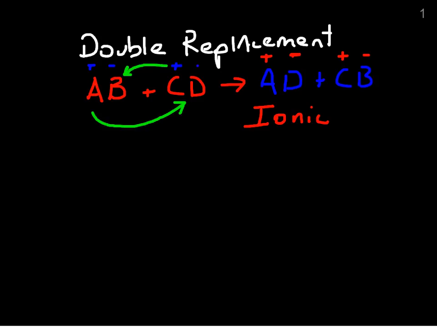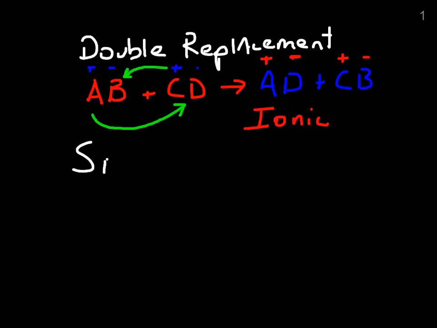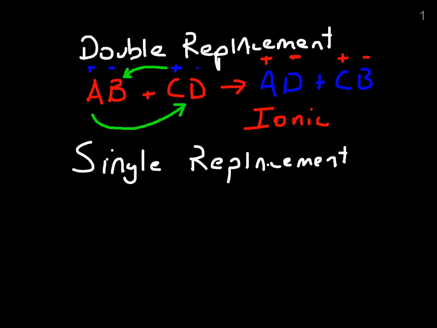The second one is going to be a single replacement. And after I show you these, we're going to come back and look at a couple of them in a little more detail. But right now this is just the basic idea of how these are going to go together.